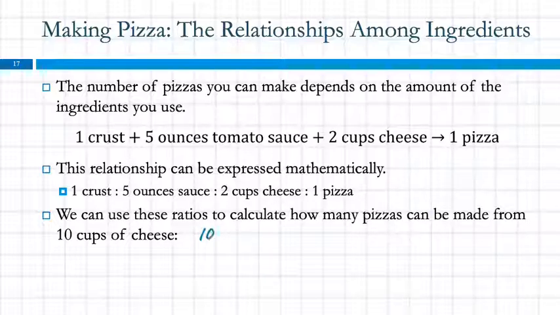I'm starting with 10 cups of cheese, and the question is, how many pizzas? And what's the relationship? How do I change this unit from cups of cheese into number of pizzas? I need a relationship. Well, I have this relationship here. There are 2 cups of cheese for every 1 pizza. So this can be done in 1 step.